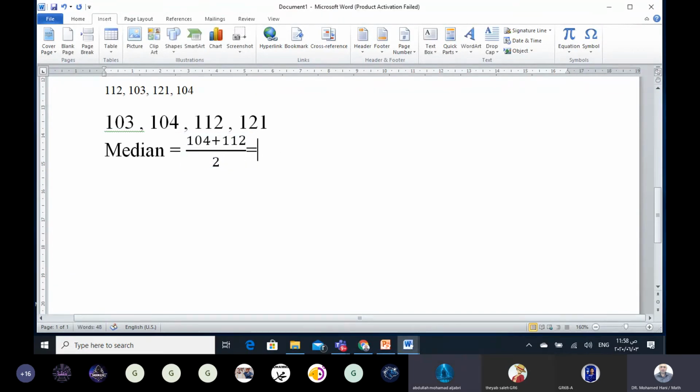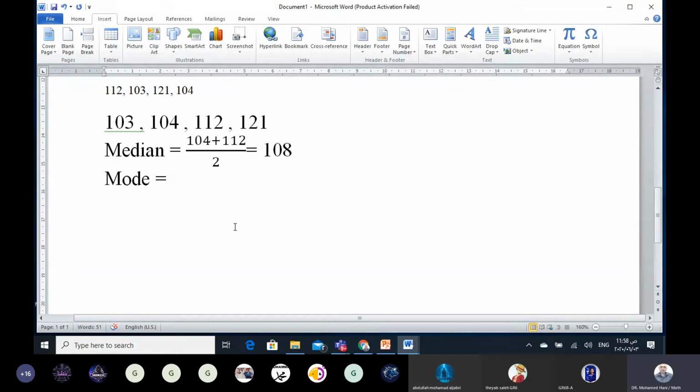Now 104 plus 112 will be 216. 216 divided by 2 will be 108. And here the mode, as you see, no number is repeated.